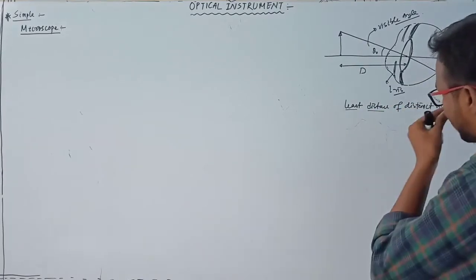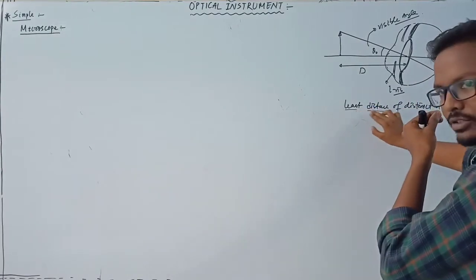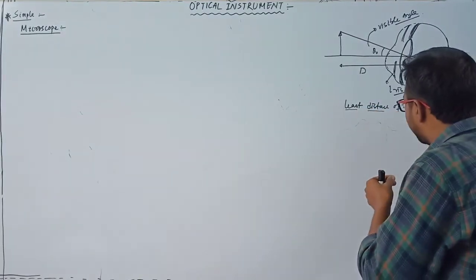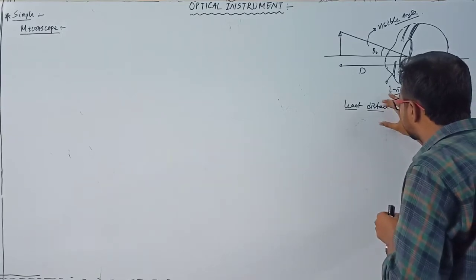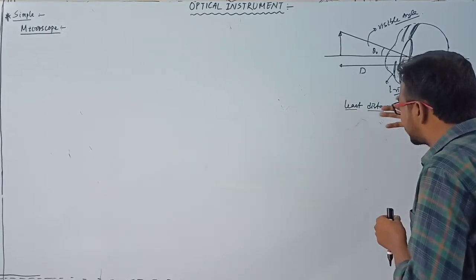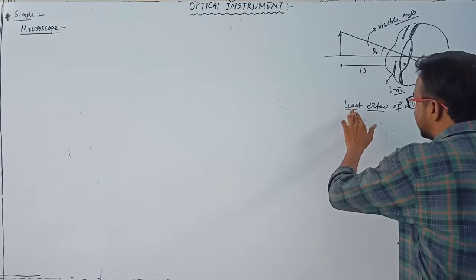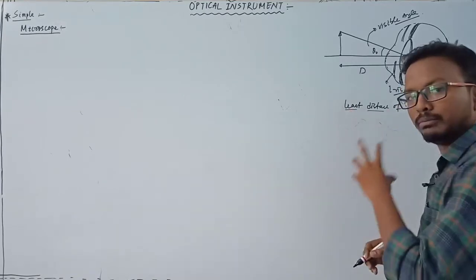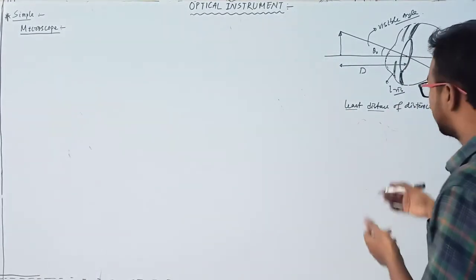So least distance of distinct vision means, suppose there are two letters, and there is a distance, suppose 1 meter, at which they are clearly visible to me. If I move my eyesight closer, or if the distance decreases, then it gradually blurs.